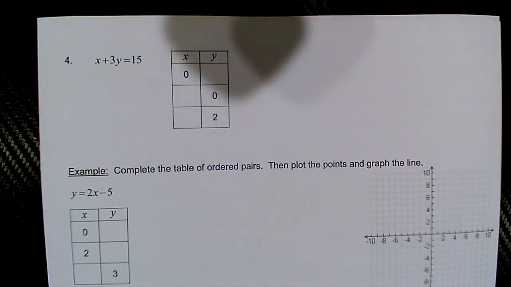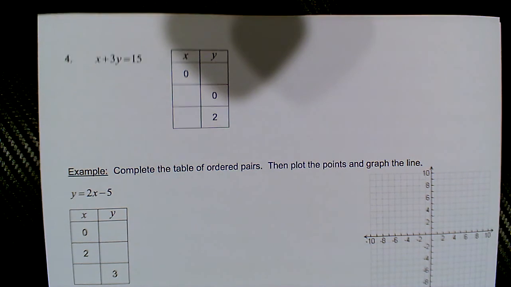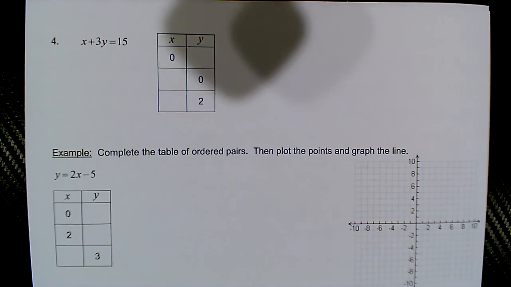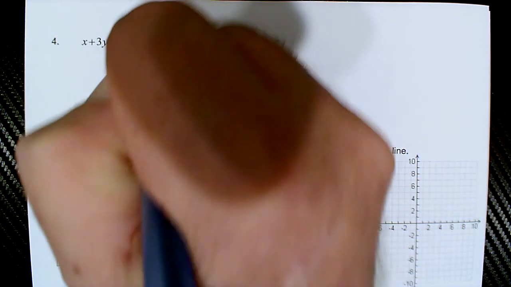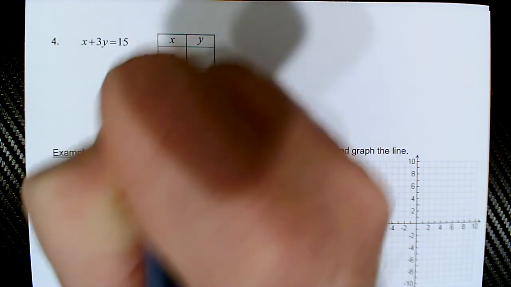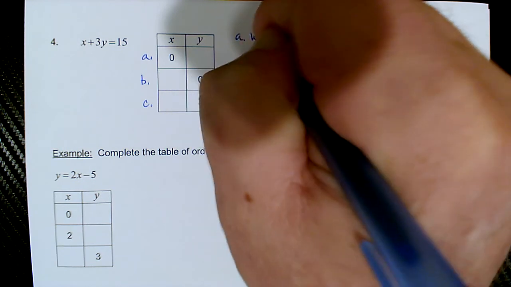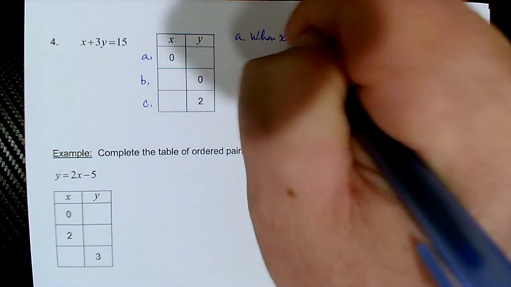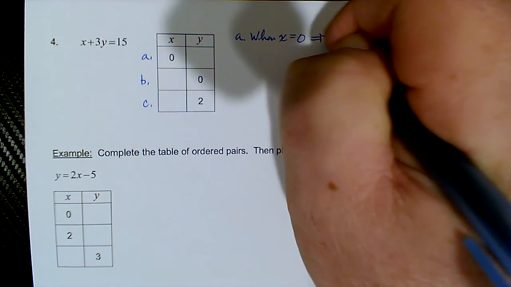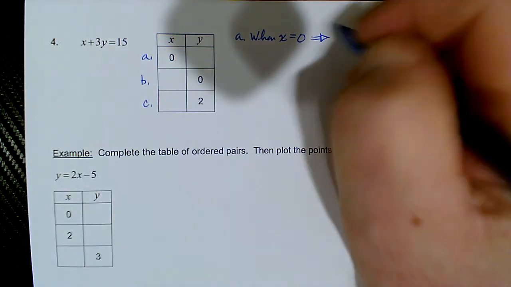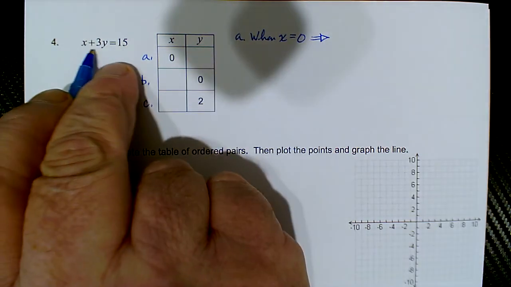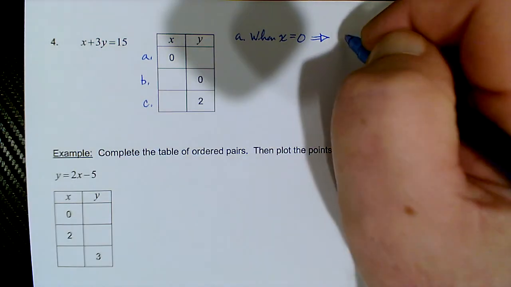Okay, so another example of the same type of situation. And here again, 3 parts, A, B, and C. And in part A, we're told that x is going to be 0. So when x is 0, okay, so this is our go-to equation again. x plus 3y is 15 is the given.